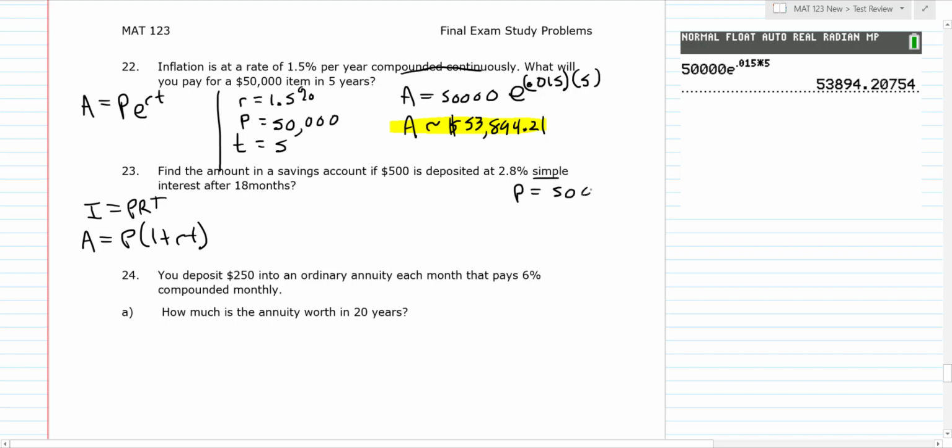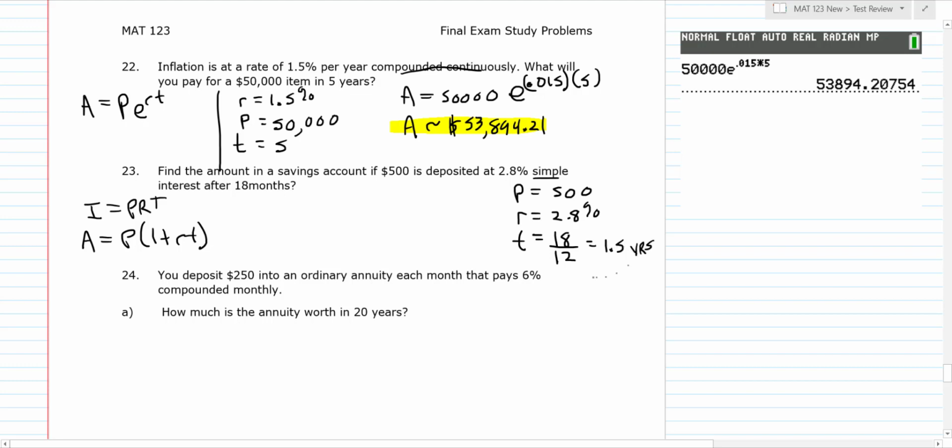That's what we're depositing. The interest rate is going to be 2.8%. And then the time is going to be 18 months, but you have to divide that by 12 to get that in years. So 18 divided by 12 is 1.5, so that's 1.5 years. So you got to make sure that that's in years.